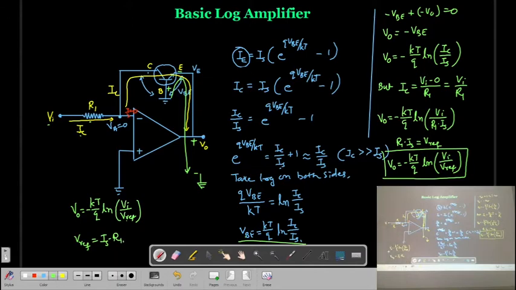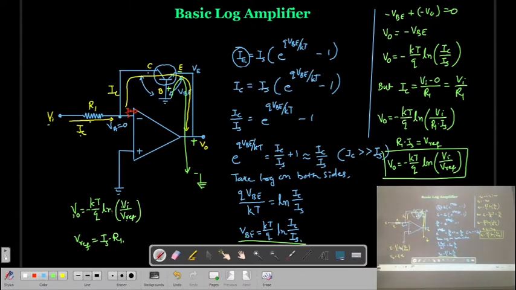So here you can see that output voltage is proportional to the log of the input voltage. Output voltage is a function of the log of the input voltage. So in that way, you can take the log of the input signal, you can find out the log of the input signal.